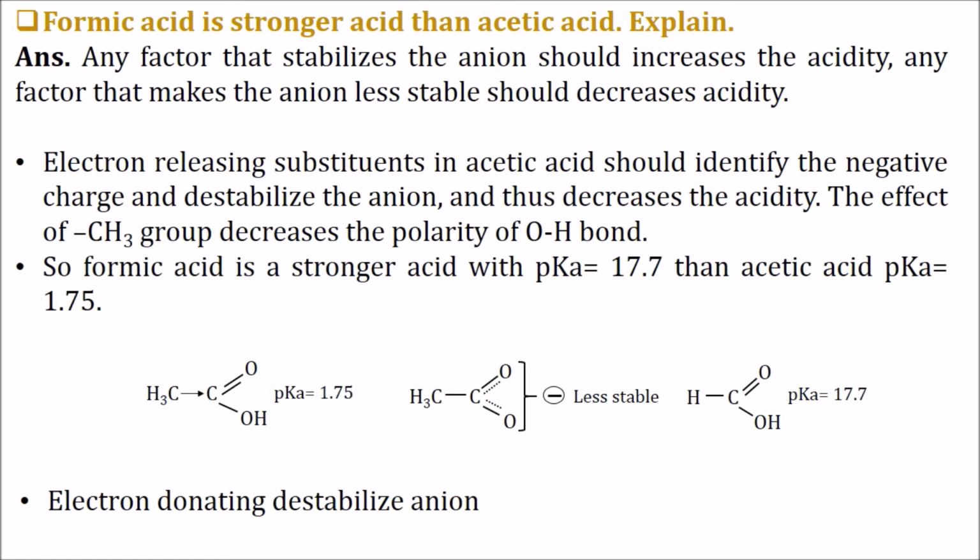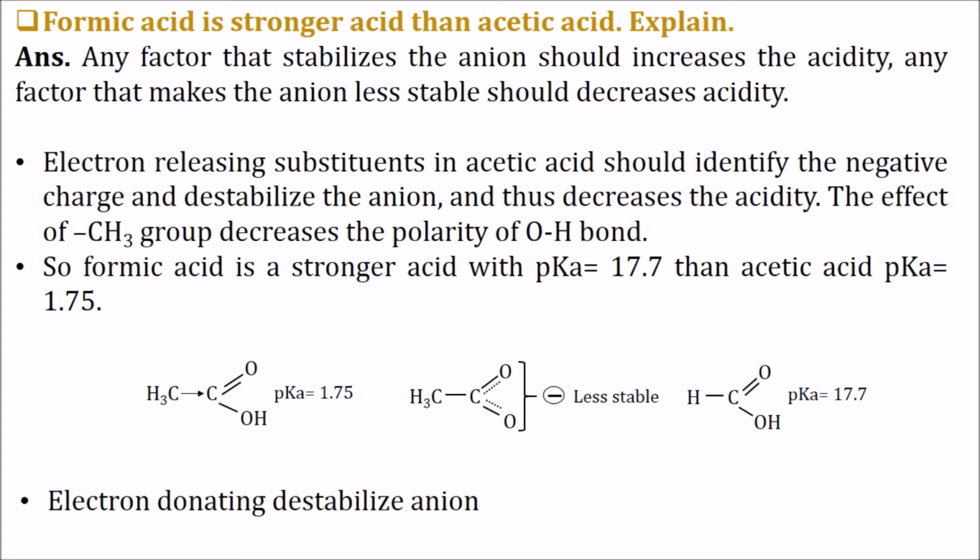Here you can see that in acetic acid a methyl group, which is an electron releasing substituent, is attached, and this methyl group decreases the polarity of the hydroxy bond. Formic acid has no electron releasing substituent.